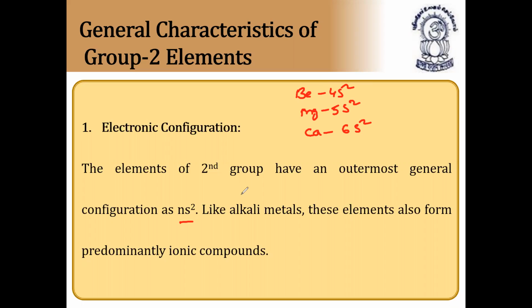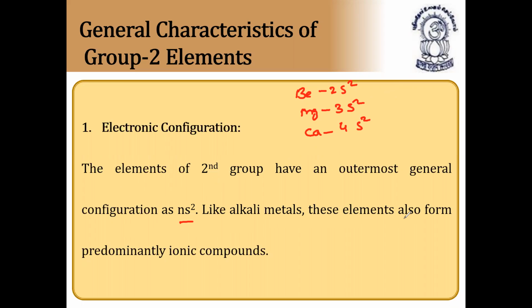Sorry, I'm very sorry, I'm writing the atomic number. Beryllium is 2s2, magnesium is 3s2, calcium is 4s2, then strontium, barium, and radium.